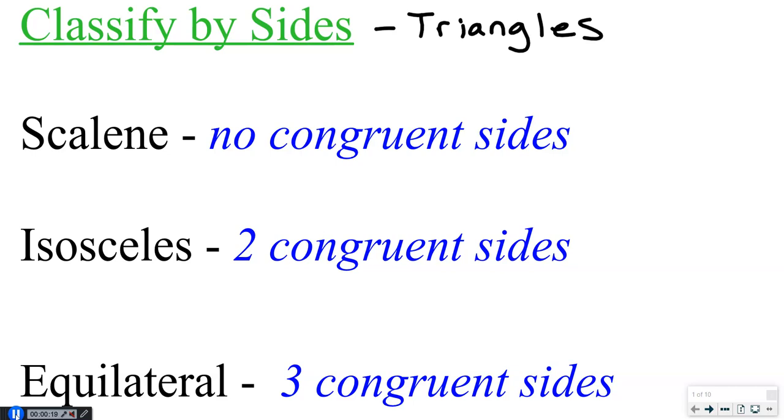So classifying by sides, we're determining what type of triangles these are. A scalene triangle has no congruent sides, meaning no sides are the same length. They're all different lengths. An isosceles triangle has two congruent sides, so you'll have two side lengths that are the same.